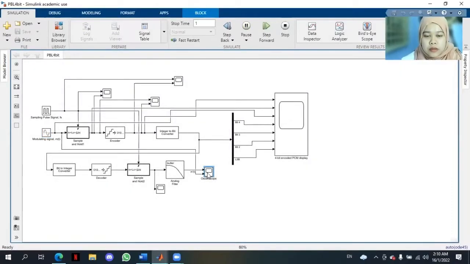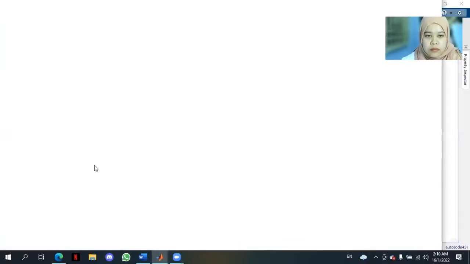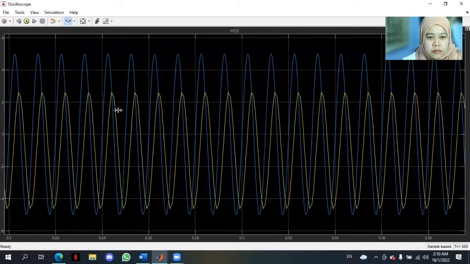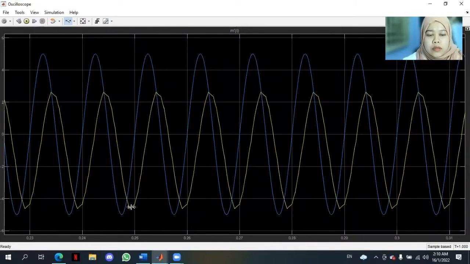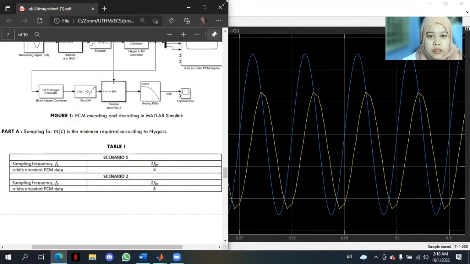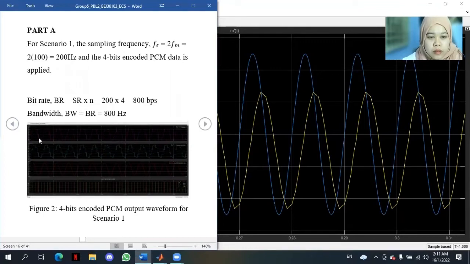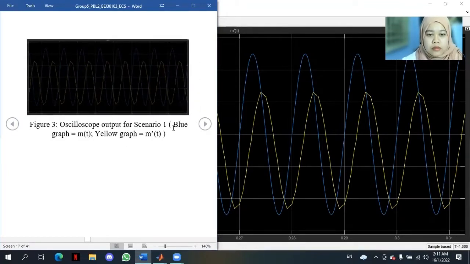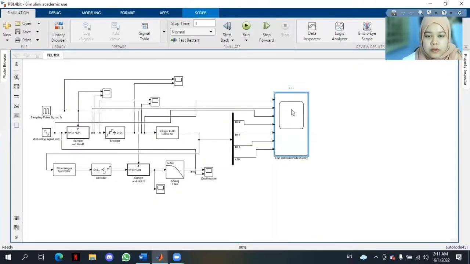First, we show the output at the oscilloscope. As you can see, there are 2 sine waves here. For scenario 1, the blue sine is MT and the yellow is M prime T. Next is the output for the scope, the 4-bit encoded PCM display.